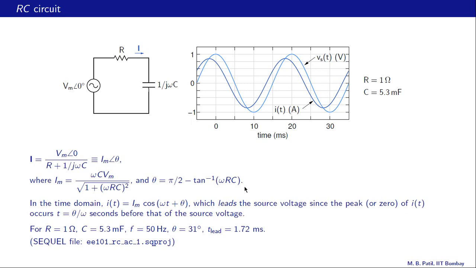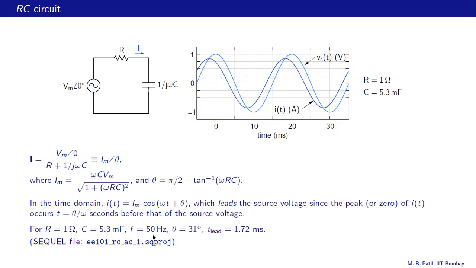Now this tan inverse omega RC can vary from 0 to pi by 2, and therefore this angle is basically a positive angle. In the time domain, we write the current as Im cos(omega t plus theta), and now let us calculate theta for some component values. Say R equal to 1 ohm, C equal to 5.3 millifarad, and f equal to 50 Hertz.